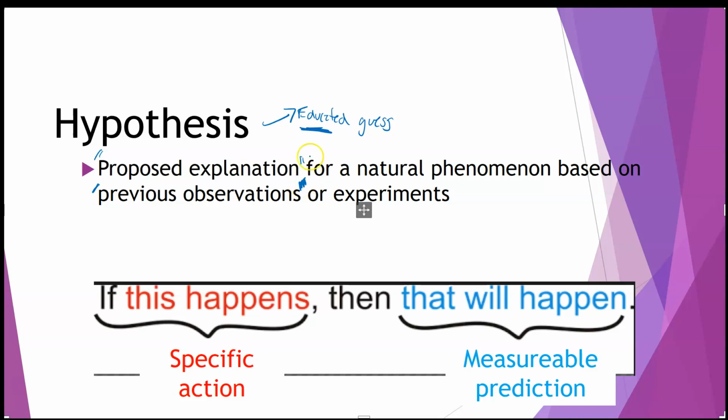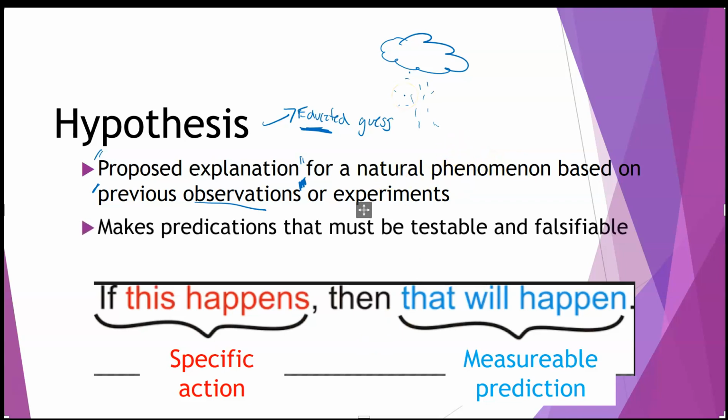An educated guess is when there are clouds, it's going to rain, right? That means if there's clouds, it's going to rain. Where are we pulling this from? We're pulling this from observations. Every time I see a cloud, it rains. We're pulling this from information, right? We know that clouds are contributing to rain. That's where rain comes from. So that's where all those things are going to come together.